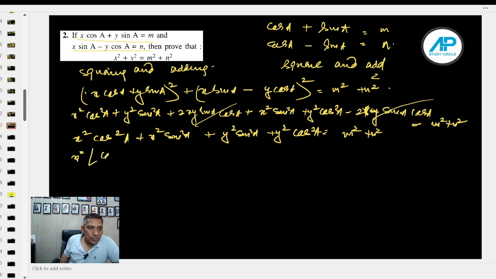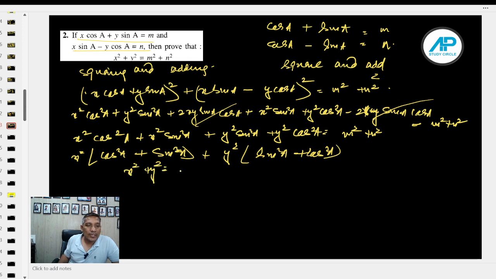So when I take out x squared common, it leaves me with an identity of sine squared A plus cos squared A. So I got x squared plus y squared equals m squared plus n squared.